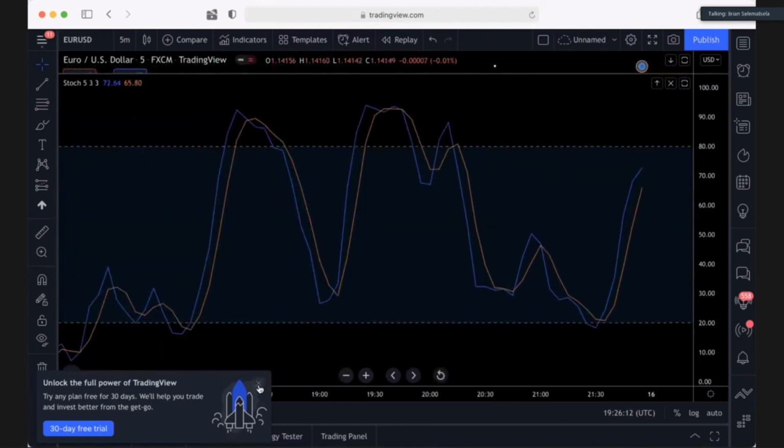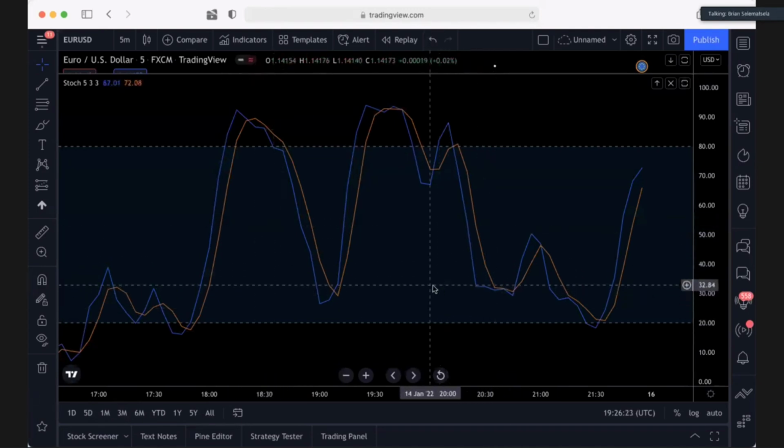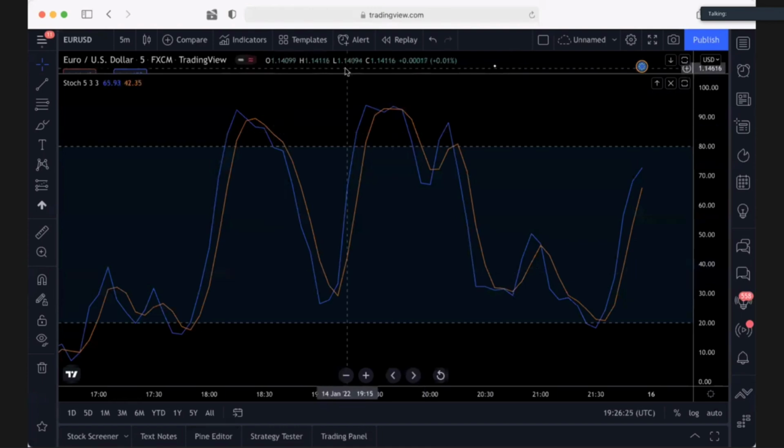You can see the purple line, and after that there's an orange line.